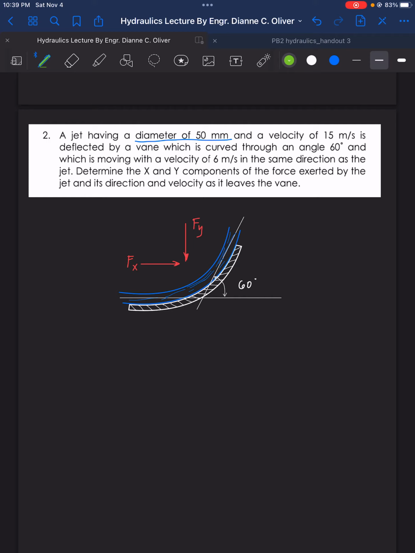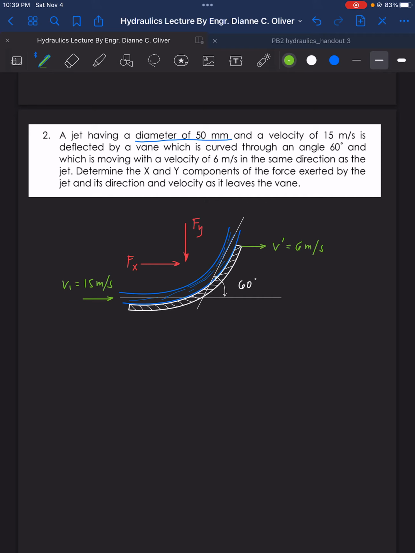So meaning it's the initial velocity, because this is the velocity of the jet that is being deflected by the vane. So V1 is equal to 15 meter per second. And then the vane, as mentioned a while ago, is 6 meter per second. So V prime is equal to 6 meter per second.